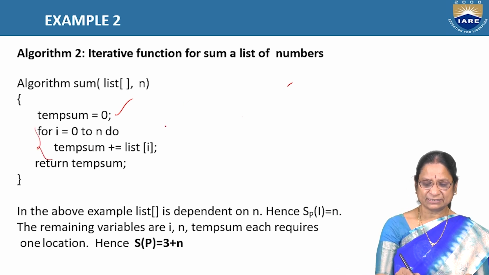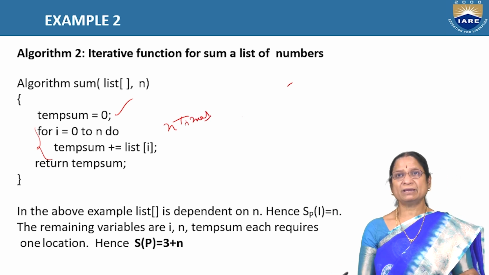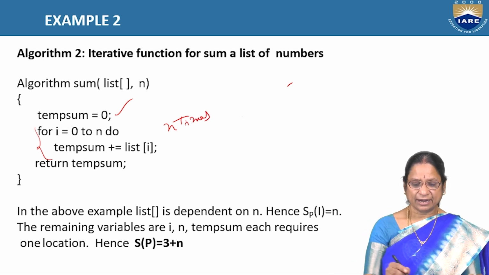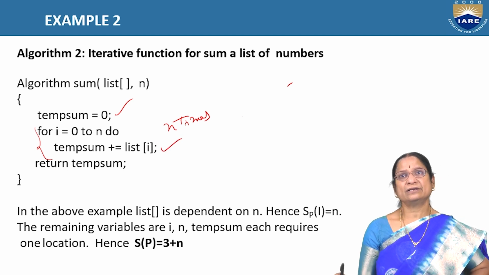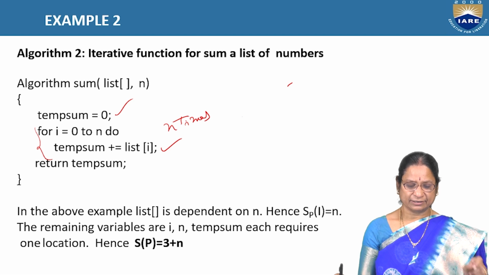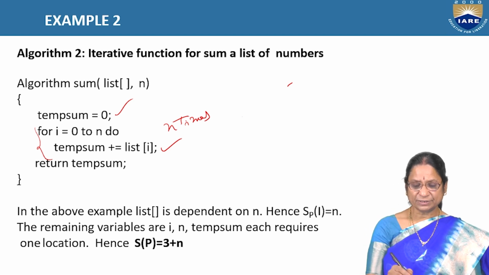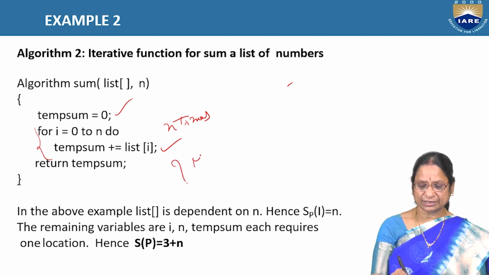How many times is it repeating? N times, from 0 to n minus 1. N times the respective element is added to the temp sum, and return temp sum. How many memory locations are required here for this?